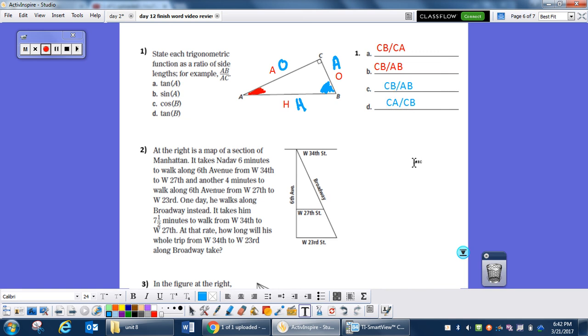So in number 2, you have the lovely map of Manhattan. It takes him 6 minutes to walk along 6th Avenue. So I like to find 6th Avenue from West 34th to West 27th. So 6 minutes. Then another 4 minutes still along 6th Avenue from West 27th to West 23rd.